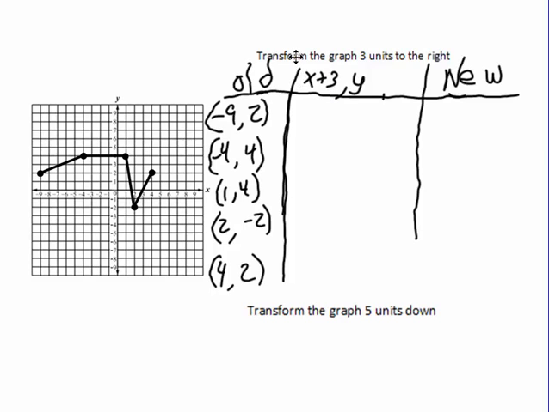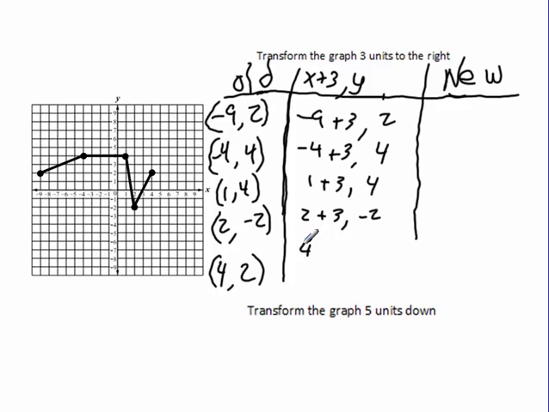Essentially, we're transforming the graph 3 units to the right, so I'm going to add 3 to my x value, and y is going to stay the same. We're not doing anything with y. So I'm going to have -9 plus 3, comma 2. -4 plus 3, comma 4. 1 plus 3, comma 4. 2 plus 3, comma -2. And 4 plus 3, comma 2.